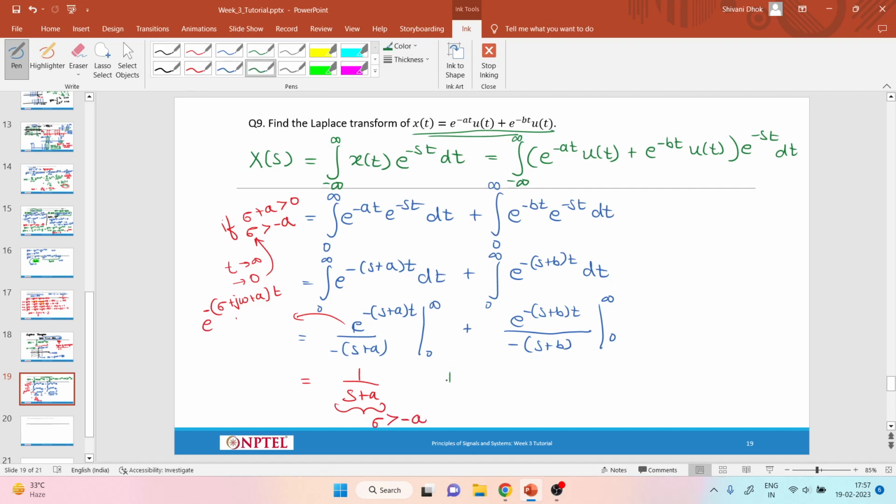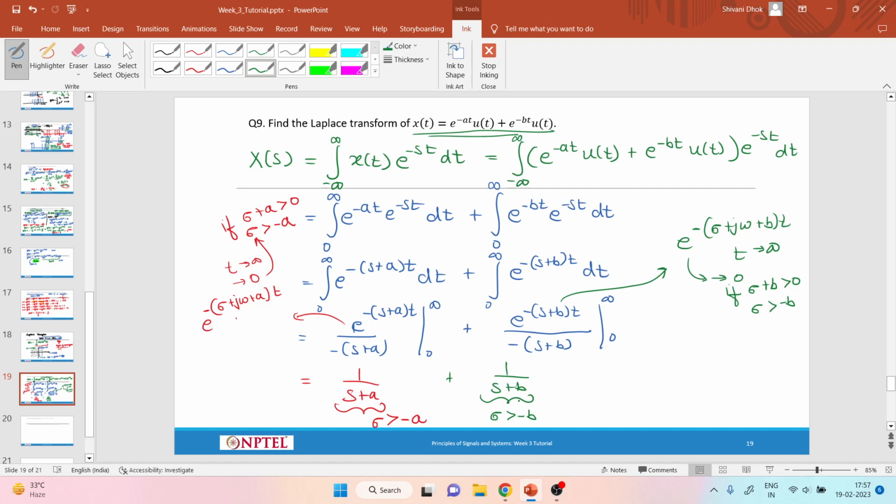Similarly, if we look at this, it is e power minus (sigma plus j omega plus b) t. As t tends to infinity, this will tend to 0 if sigma plus b is greater than 0, that is, sigma is greater than minus b, giving 1 upon s plus b, and this will happen if sigma is greater than minus b. Now let us consider that a and b are not the same.